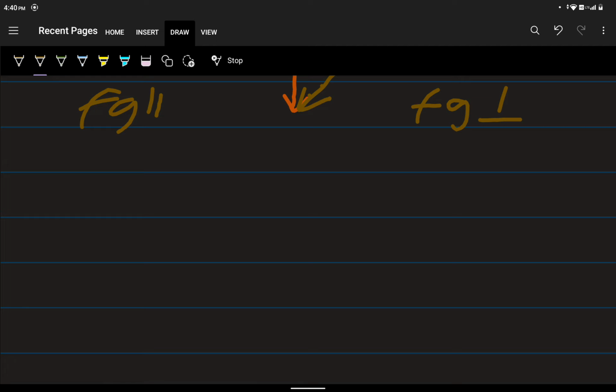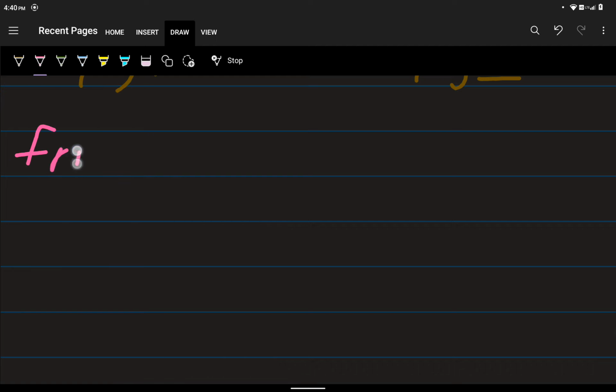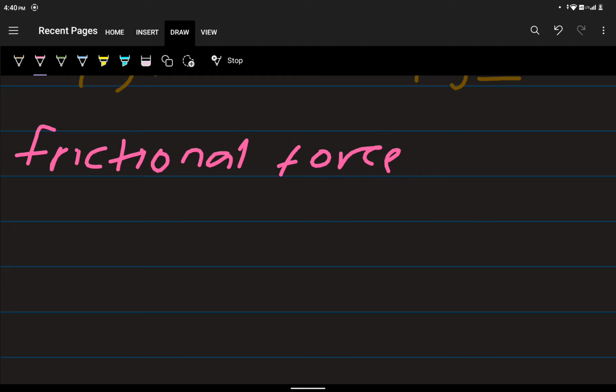Now the next definition is frictional force, okay. Frictional force is defined as the force that opposes the motion of an object and it acts parallel to the surface.